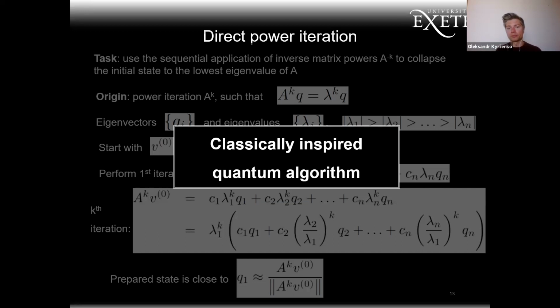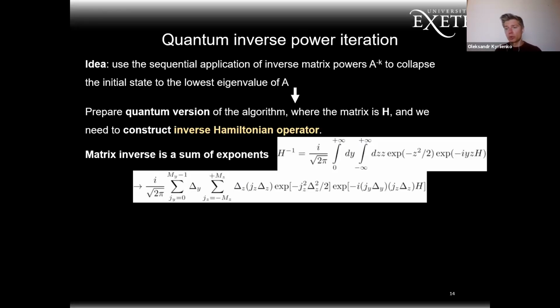But here, you take a classical algorithm, you ask how you would do it classically, and then rewrite it in the quantum way. The trick to rewrite it is to find how the inverse of the Hamiltonian looks in terms of evolution operators, because in quantum mechanics, the only thing we can do well is apply unitary evolution.